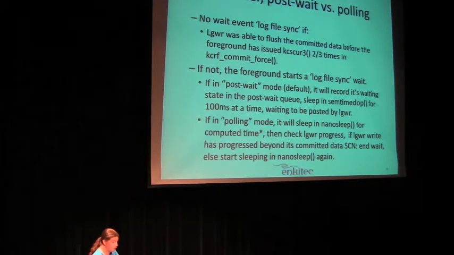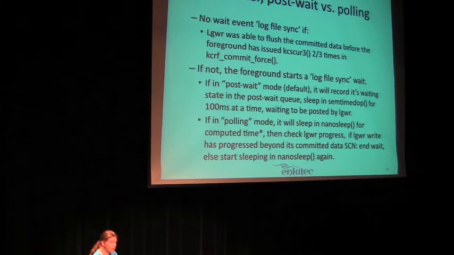And it will record that it's waiting in a post-wait queue and then start sleeping on a semaphore timed operation for 100 milliseconds. And it just waits until the log writer posts back saying, okay, I've written, you're good to go. If it's in polling mode, it's different.